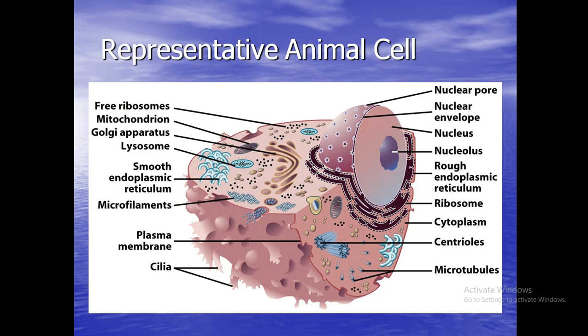So here we have Golgi apparatus, mitochondria, lysosome, smooth endoplasmic reticulum and rough endoplasmic reticulum, microfilaments, cilia, microtubules, centrioles, cytoplasm. Of course, cytoplasm is there also. Nucleolus, nucleus. So more complex.